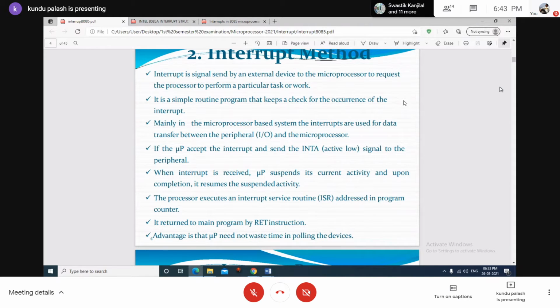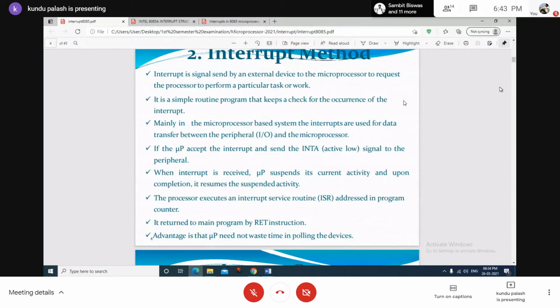When the interrupt is received, the microprocessor suspends its current activity, whatever the programming state, because the microprocessor cannot go idle. It always fetches the instruction and executes the program, and this goes on repeatedly. So when it receives the interrupt signal from the peripheral device on its associated pin, the microprocessor will suspend the program execution for the time being.